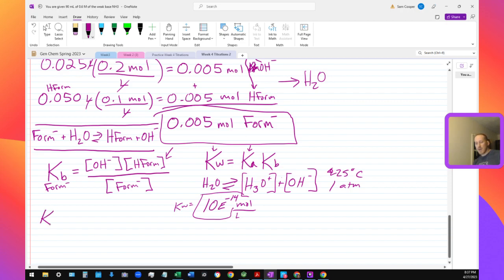So the Kb of the conjugate base, which we need to solve this, is Kw over Ka of HCOOH, which is 1 times 10 to the minus 14 over 1.8 times 10 to the minus 4.